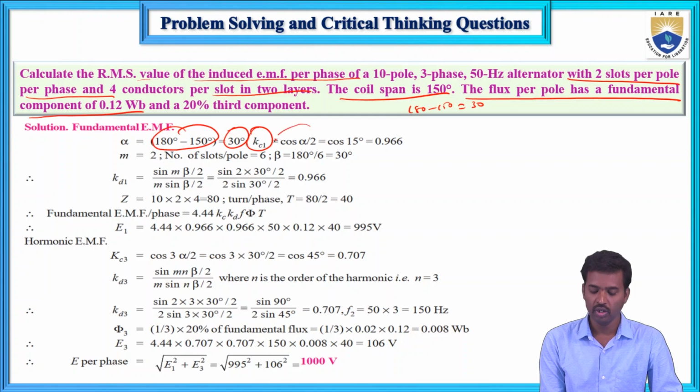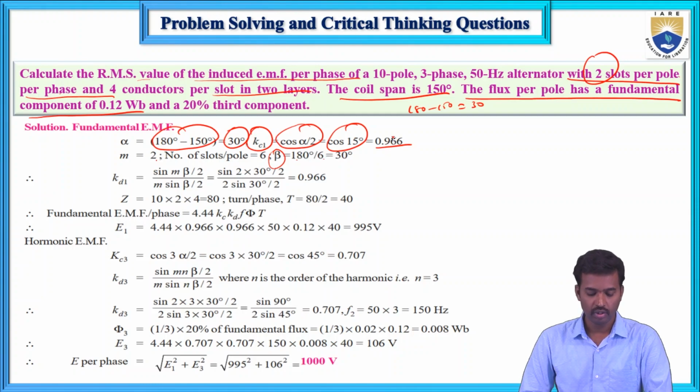Kc equals cos alpha by 2, cos 15, which is 0.966, and m equals 2, the slots per pole per phase, as already given. Beta equals 180 by 6, since the number of slots per pole is 6, which is 30.